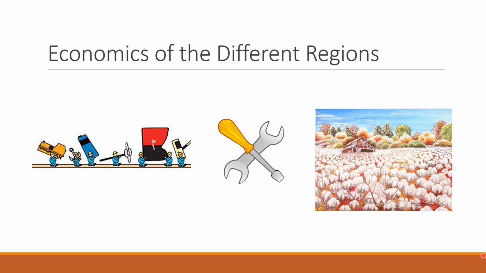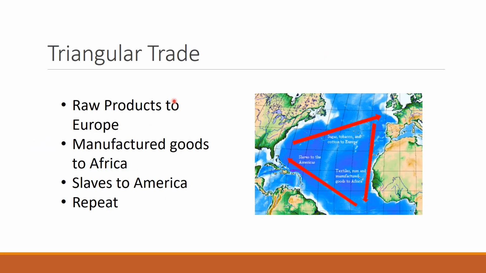The middle colonies also exported agricultural products and natural resources, but were also able to manufacture iron ore products like plows, tools, kettles, nails, and large blocks of iron, which they exported to England, which helped make up the triangular trade.